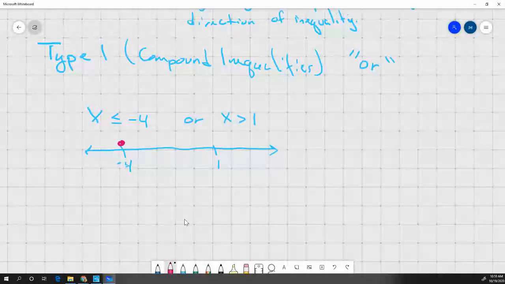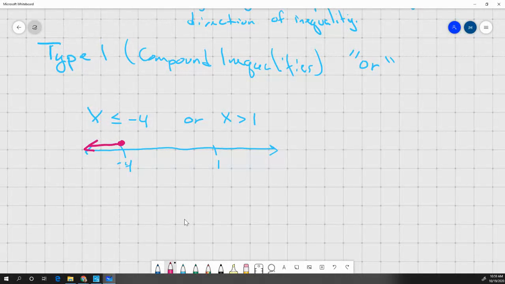So x is this solid dot and everything less than it, right? X is also, or, greater than, so we don't have the line under it, so it's an open dot, or it's greater than 1 in that direction. Both of them graph on the same line, right? Both of these statements are true.